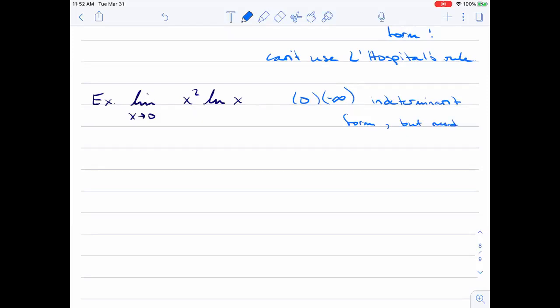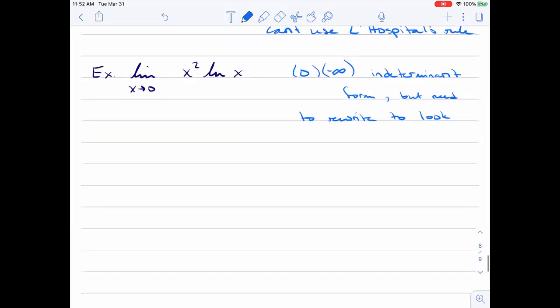But we need to rewrite it to look like either 0 over 0 or infinity over infinity. So I'd say the easiest target is to rewrite x squared in the denominator.